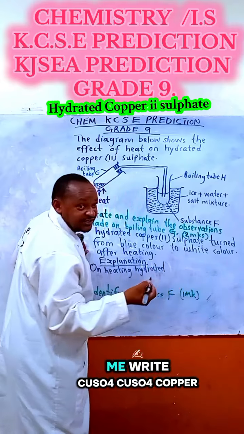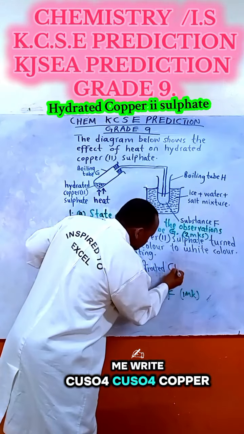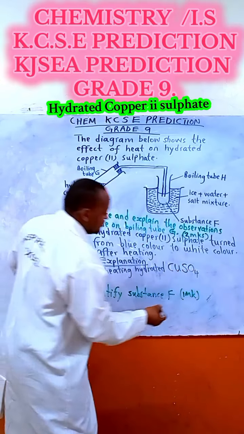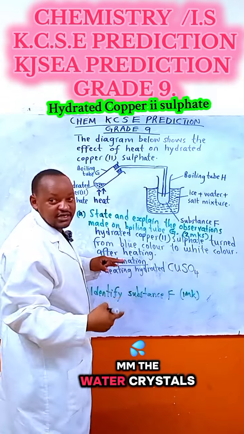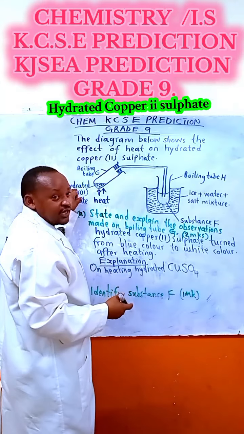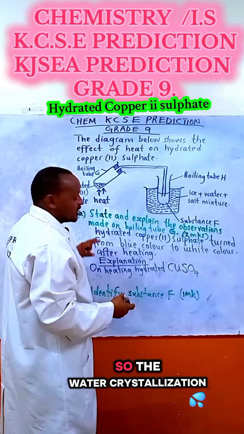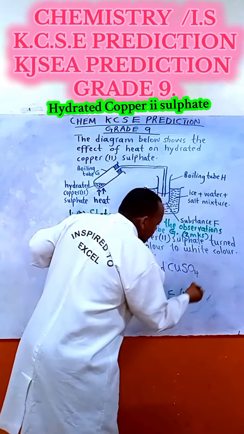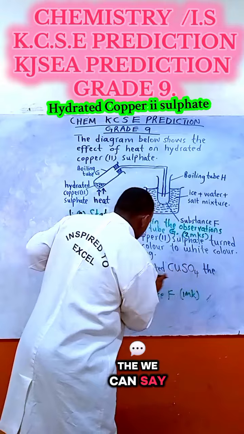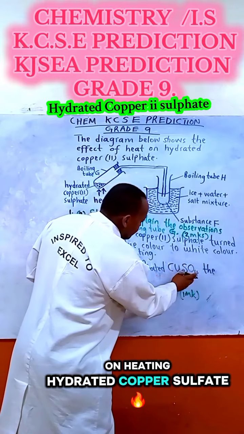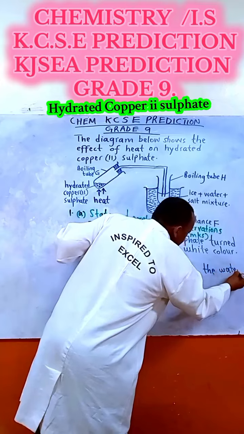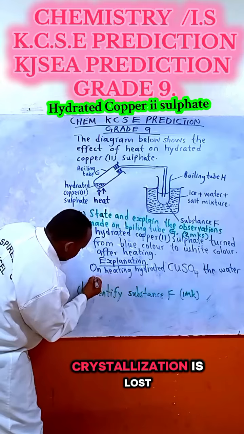On heating hydrated copper-2 sulfate, the water of crystallization, which was here, that's why it was hydrated. There are water crystals here. So on heating hydrated copper-2 sulfate, the water of crystallization is lost.